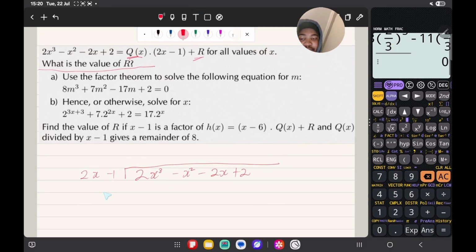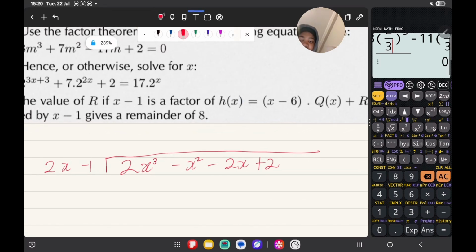It's long, but yeah, that's cool. Now I'm dividing here. I'm going to get x squared, multiply, 2x cubed minus x squared.